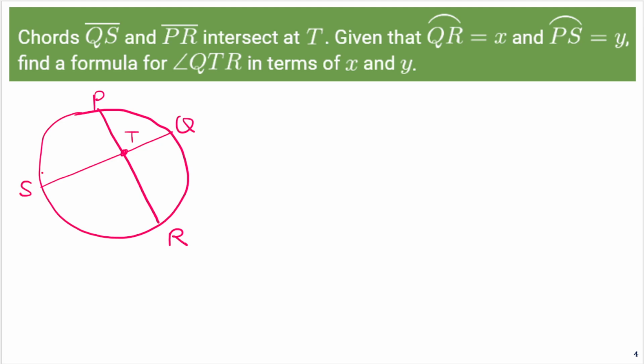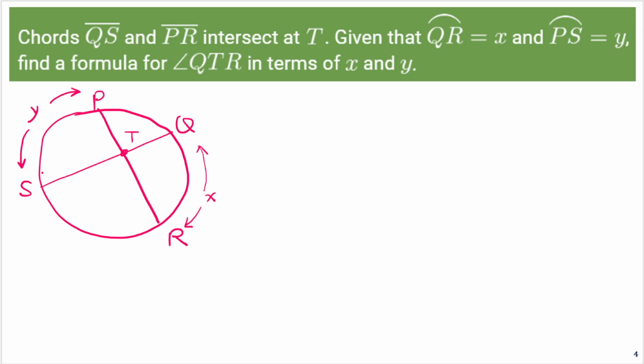Given that the measure of arc QR equals X, and the measure of arc PS equals Y, can you find a formula for angle QTR in terms of X and Y?